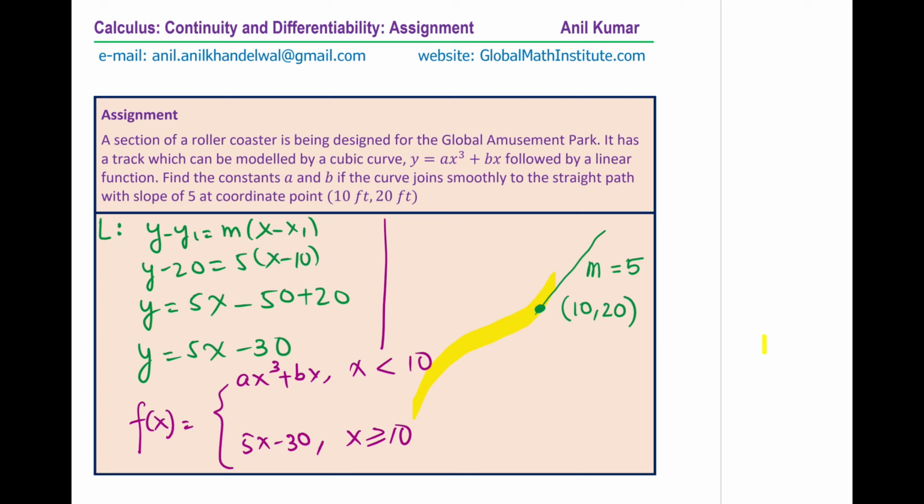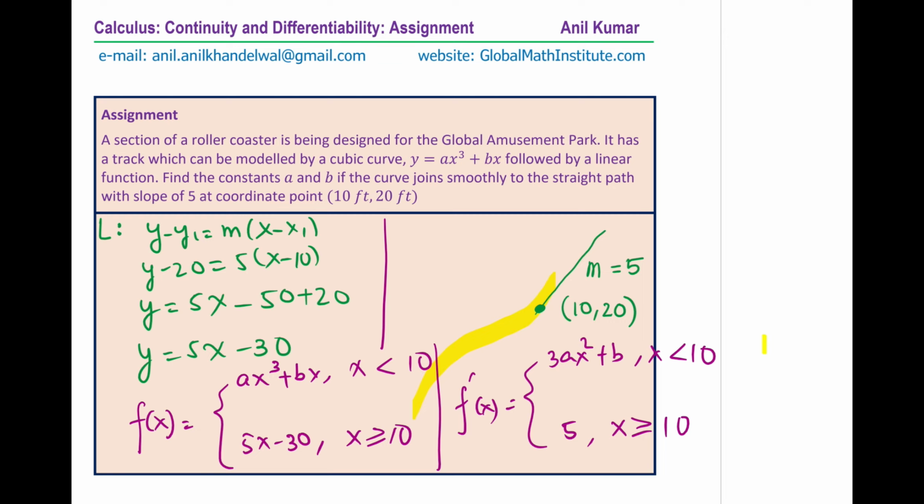And second, of course, you'll find the derivative. So let me write down the derivative also. So derivative will be 3ax squared plus b when x is less than 10, and derivative for the second function will be just 5 when x is greater than or equal to 10. So that is how you will get both the equations.